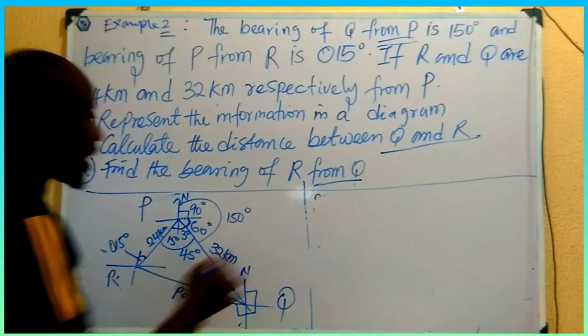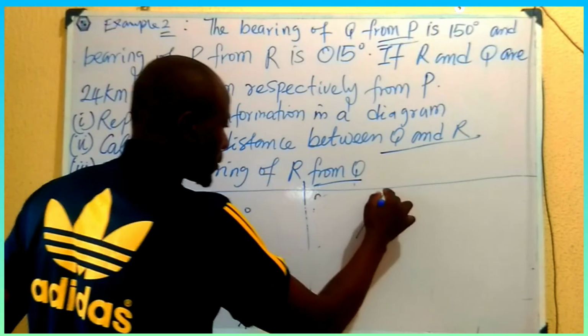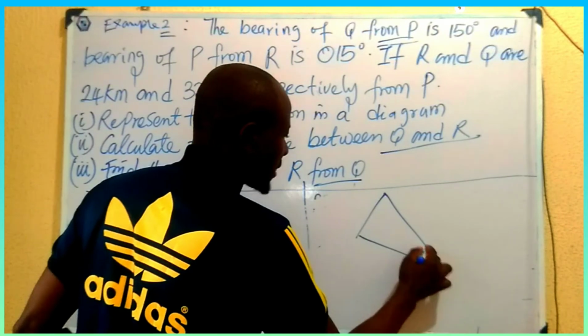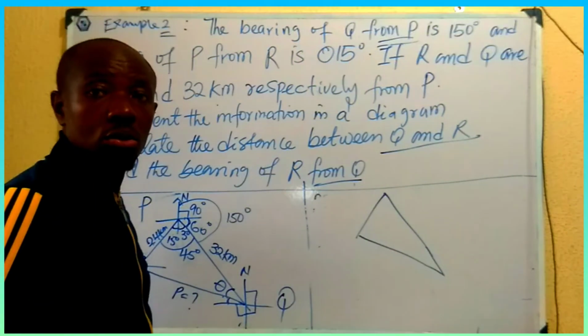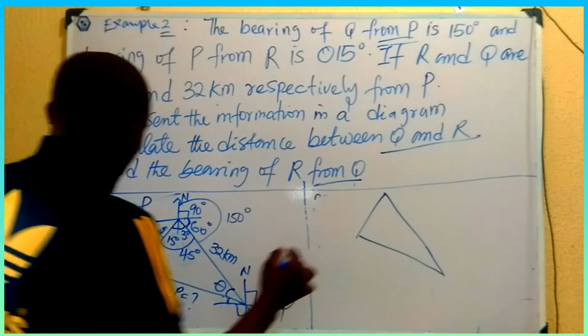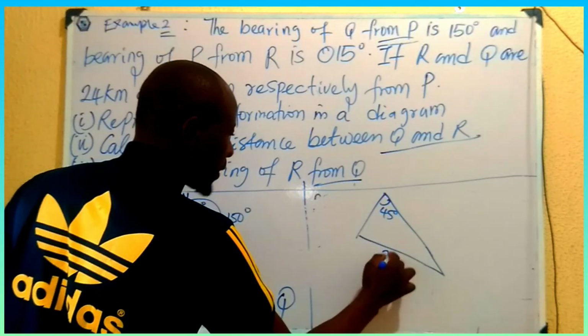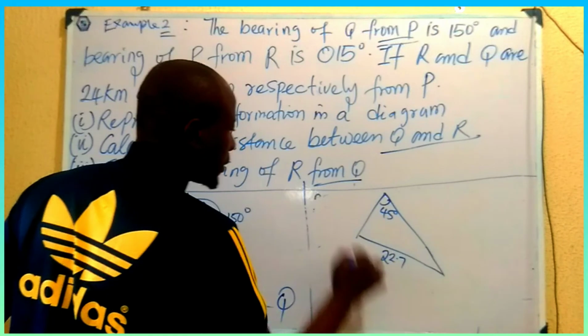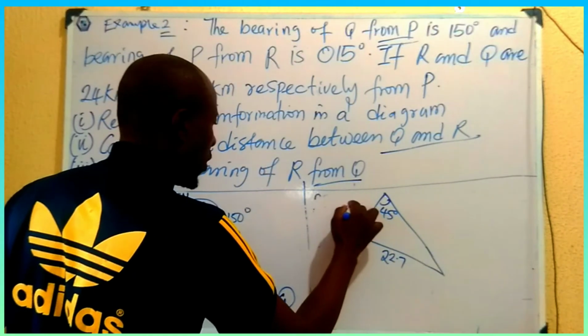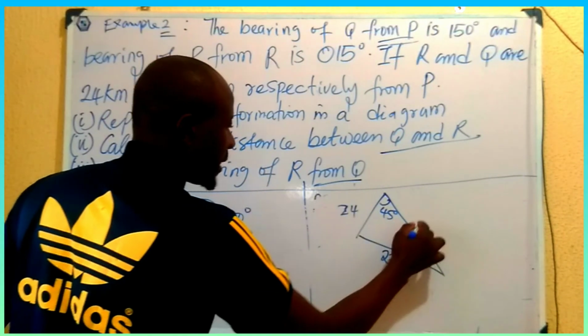If you look at the triangle, it is like this. Here is 45, here is 22.7, here is 24, here is 32.